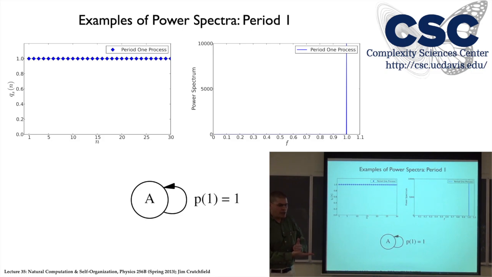So it has a period of 1, and when I go to frequency space, the frequency tends to be inversely related to period. So if this has a period of 1, then in frequency space it has a frequency of 1, just 1 over 1.